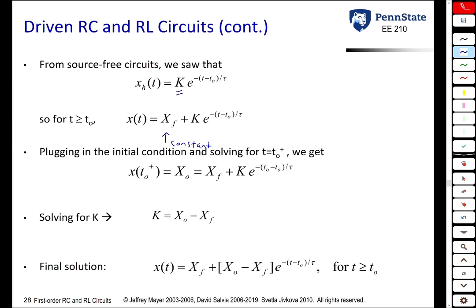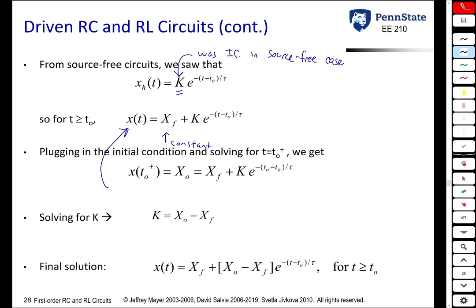In the case where we had source-free circuits, this k was the initial condition. But we're going to see it's not quite so simple in this driven case.